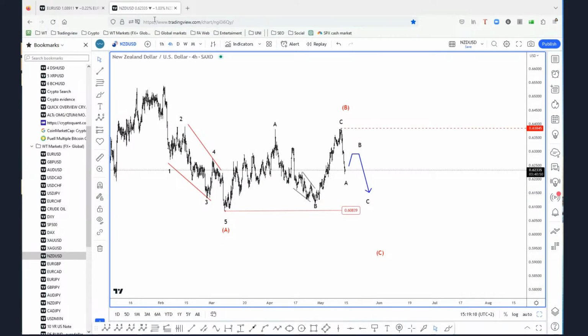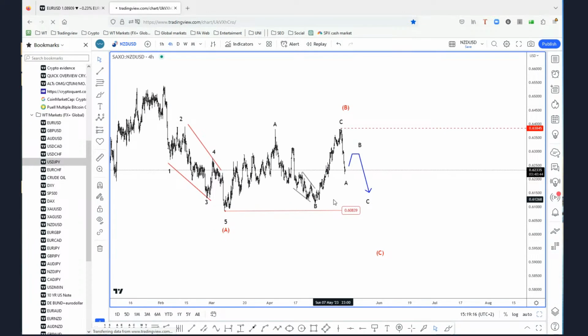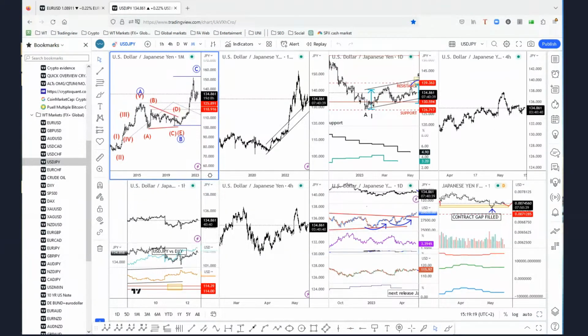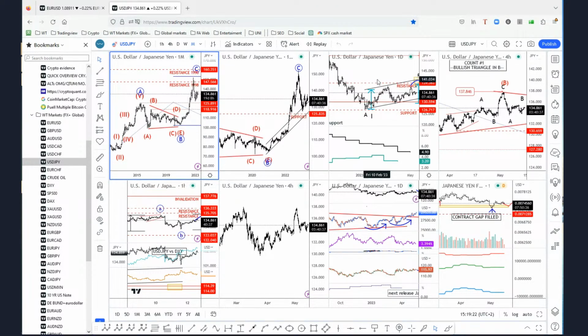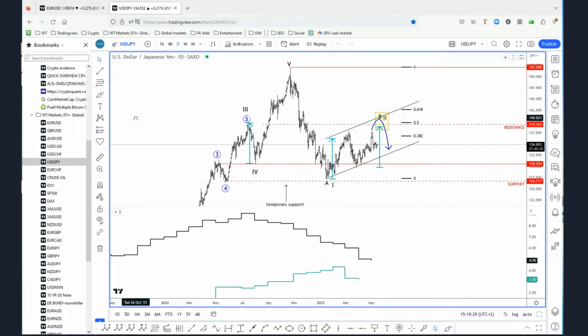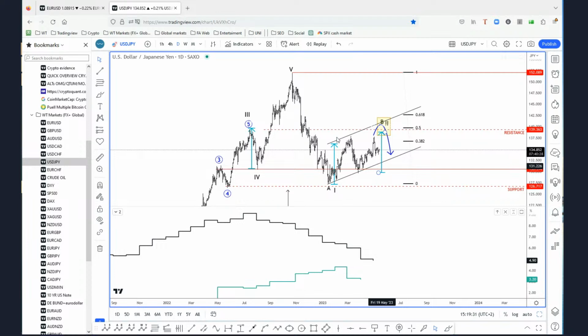Now let's take a look also at dollar yen. So dollar yen, nothing has really changed.